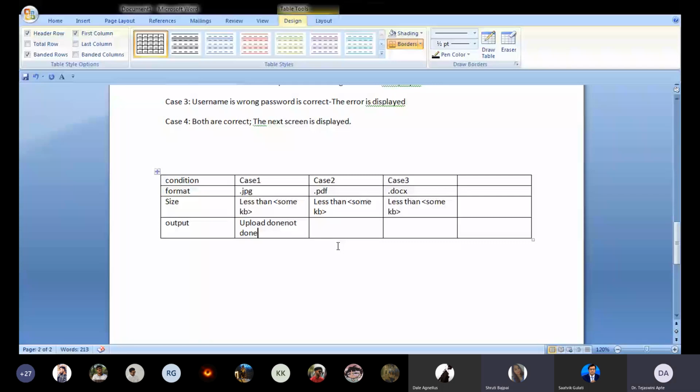So let me tell you, Shruti. When we were talking about boundary value analysis, about robust case testing, you must have noticed we take the minimum minus, the minimum plus, the maximum minus, maximum plus, and maximum nominal as well.